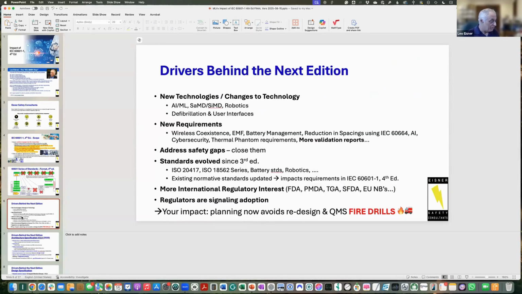And I was very involved in that process since I'm the 62D co-chair for the US, which is involved in a lot of the particular standards. Some of the drivers behind the next edition: new technologies, obviously, and changes to some existing technologies. So AI, machine learning, no surprise there.